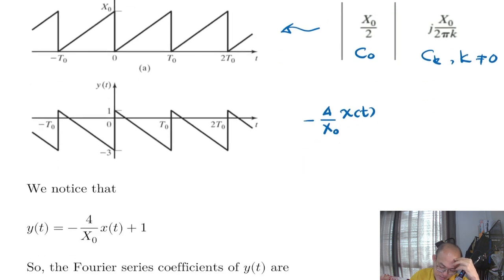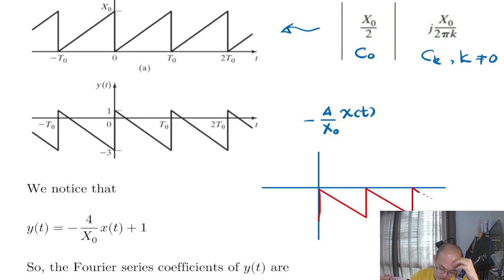But then this signal, what is this signal? If you plot this signal, you're going to wind up with this. Right? And then this is 0. This is minus 4.